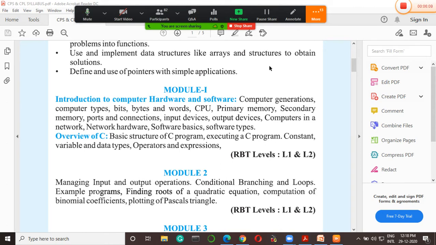Whereas the second concept here is conditional statements. In conditional statements, we are going to identify which one is true and which one is false. Conditional statements always deal with identifying whether I am correct or I am wrong. There are different types of conditional statements which we will be dealing with in C language in module 2.